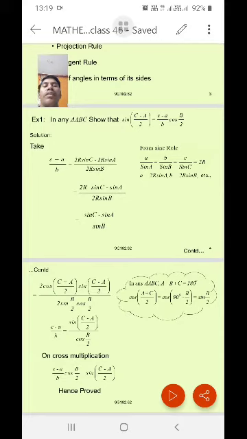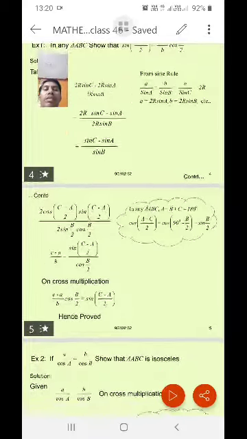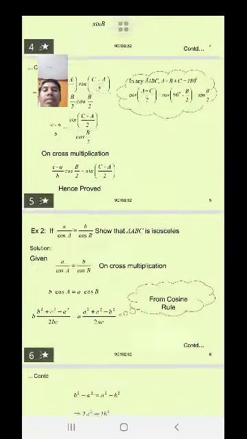But if you forget which term you have to take, it is a waste of time and sometimes you may not prove it. So remember this type of question especially.